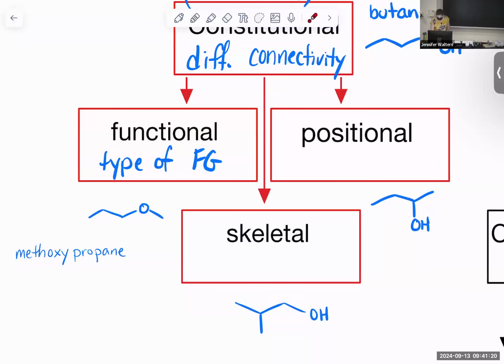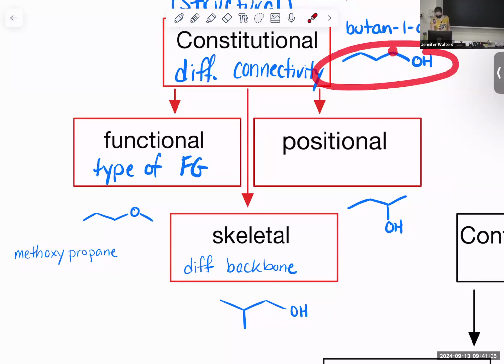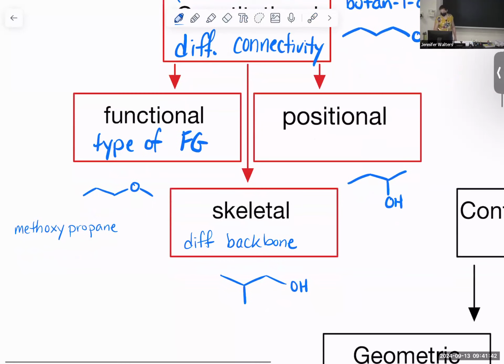All right. Then we get skeletal. Skeletal is talking about a different backbone. So my skeletal is saying that my alcohol stayed in the same place, but I took a piece of my carbon backbone and I moved it over. So how would I name that?